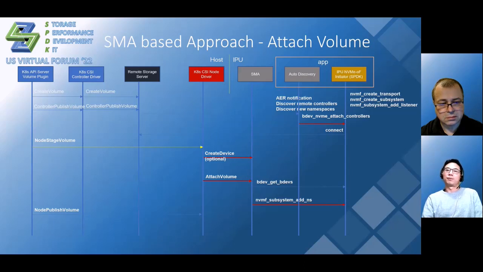Now it almost looks like a one-to-one mapping between the CSI driver gRPC calls and the SMA gRPC calls. We think this simplified integration is very important for enabling many different IPU solutions.